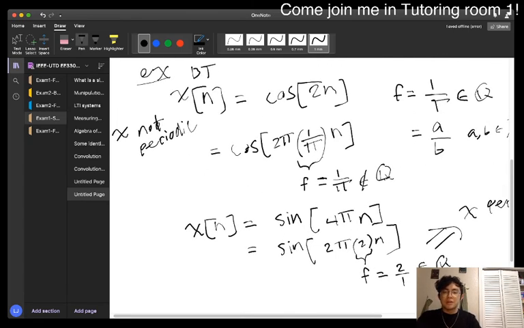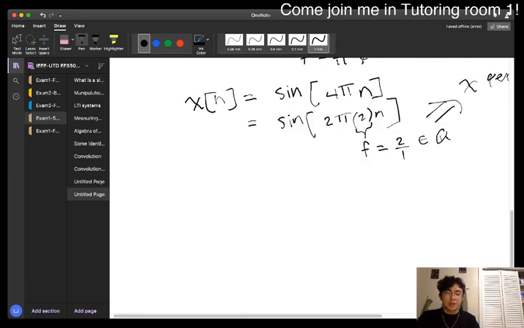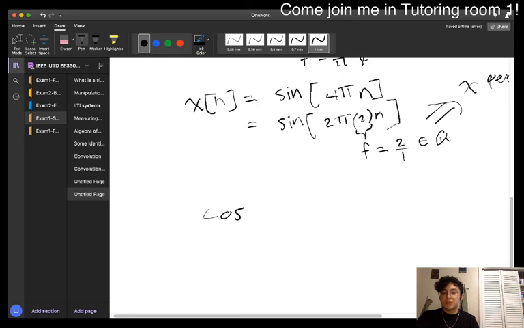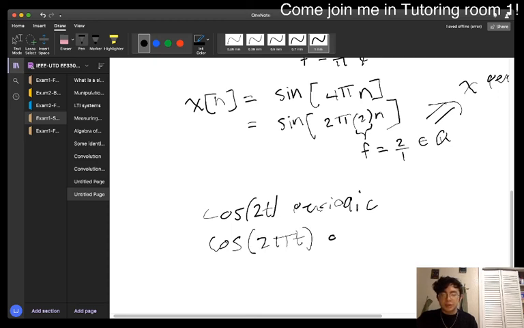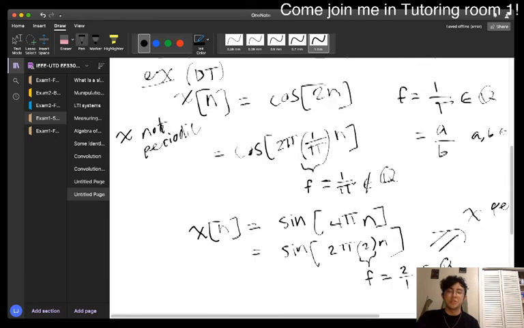This doesn't hold in continuous time. Cosine of 2t is always going to be periodic, and same with cosine 2 pi t. These are both periodic. But the rules change a bit in discrete time. This is one of the few differences between the two domains.